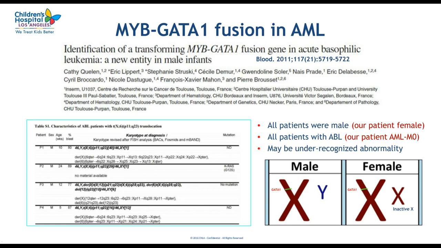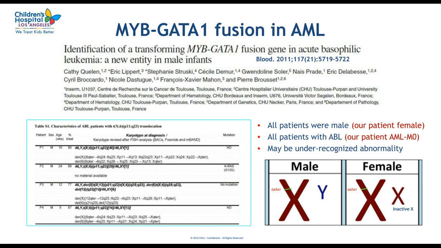So all these cases will have more complex rearrangements, and there will be no consistency from case to case, and that prevents recognizing this as a recurrent abnormality, and recognizing this as a more common type of abnormality in leukemia than what we think.